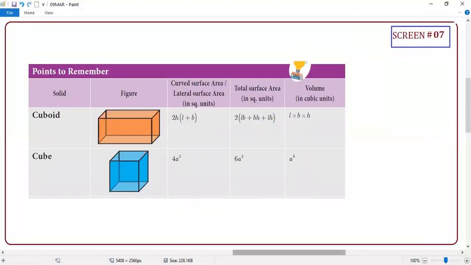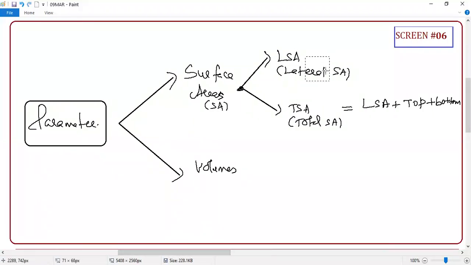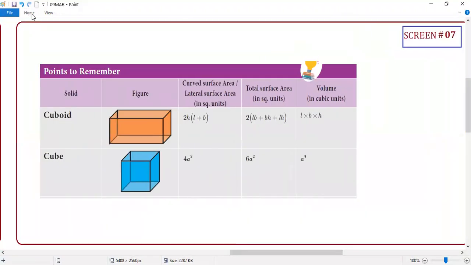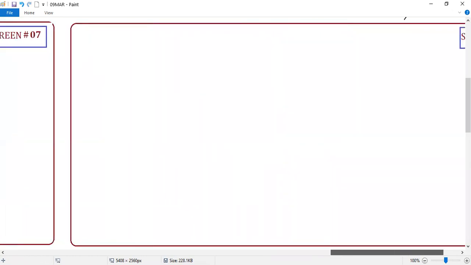Correct or not? Sir, they are using one more word also, sir, curved surface area. Guys, particularly for these two shapes, it is not curved surface area, student. It is only lateral surface area. Clear or not? Now I'm coming to the next.